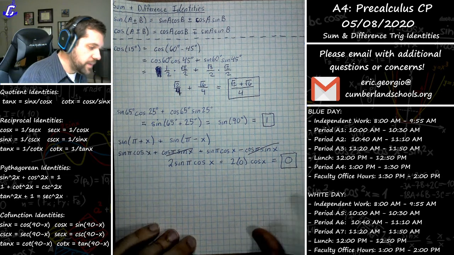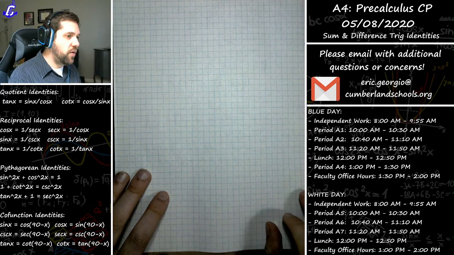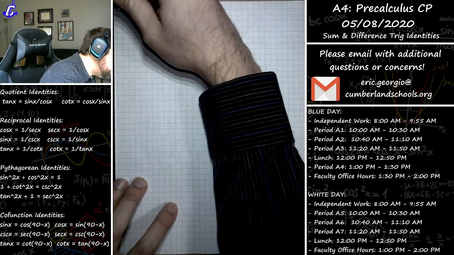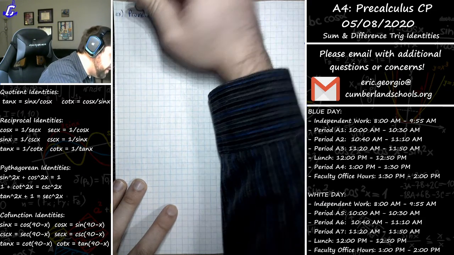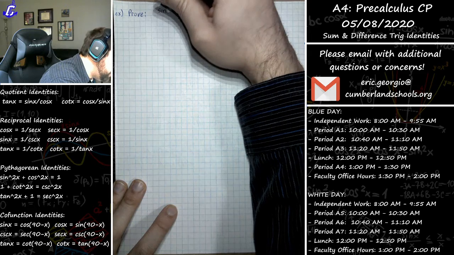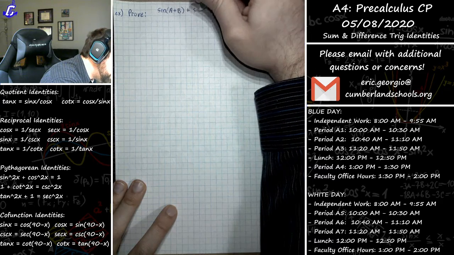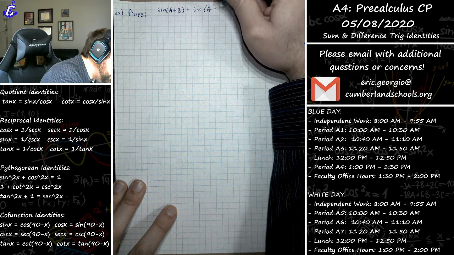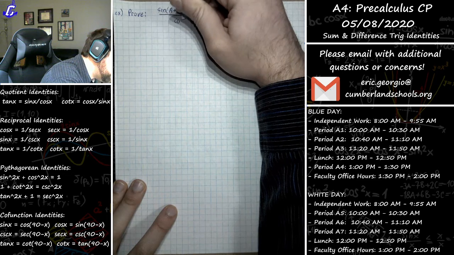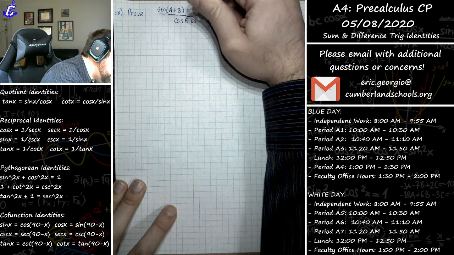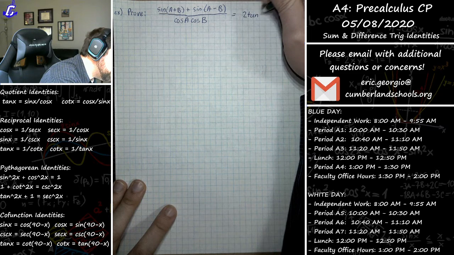All right, so let's talk about some proofs then. How about a problem like this? What if I asked you to prove that the sine of a plus b plus the sine of a minus b, all divided by cosine a times cosine of b, is equal to 2 times the tangent of a?